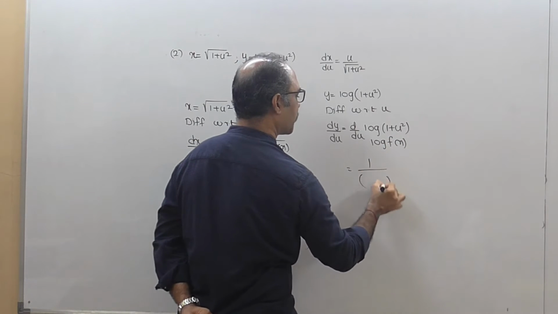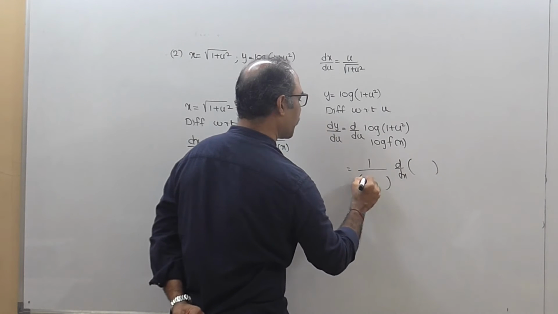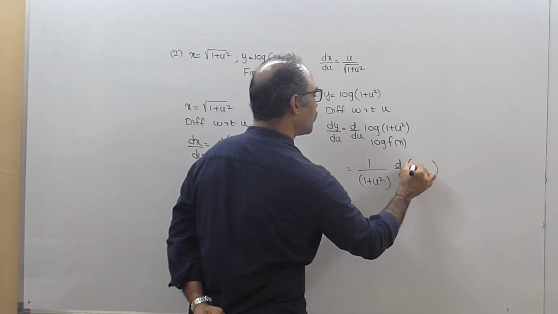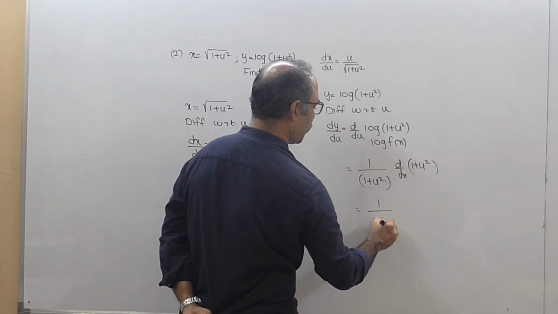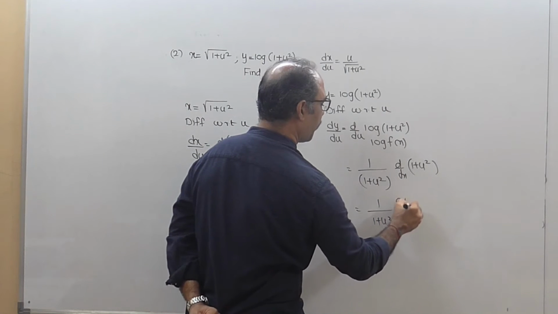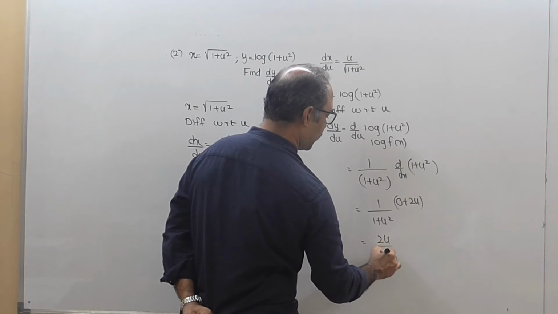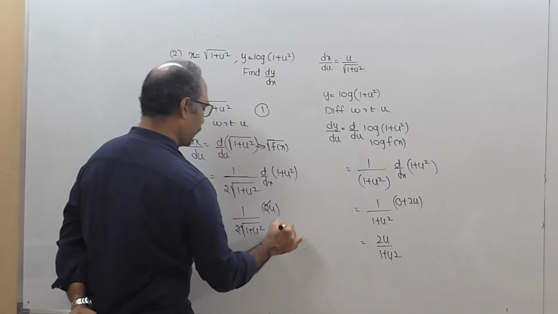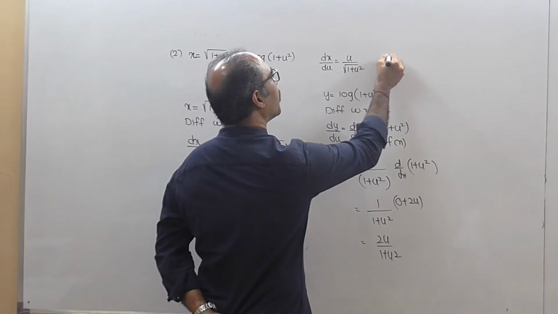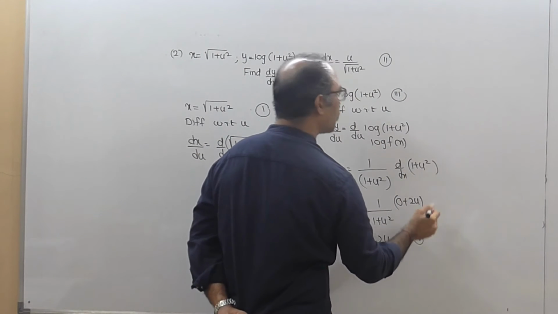Derivative of log f of x is 1 upon f of x, d by dx of f of x, 1 plus u square, 1 upon 1 plus u square. Derivative of 1 is 0, derivative of u square is 2u. So we get this answer as 2u upon 1 plus u square. We can name this as 1. This could be given as 2. This is 3. And this is 4.